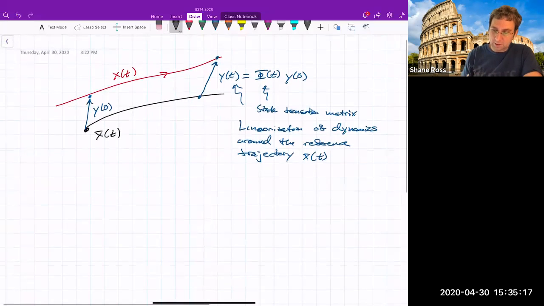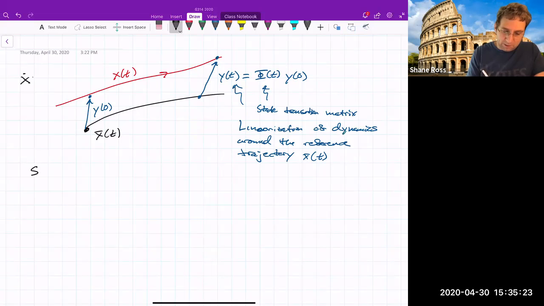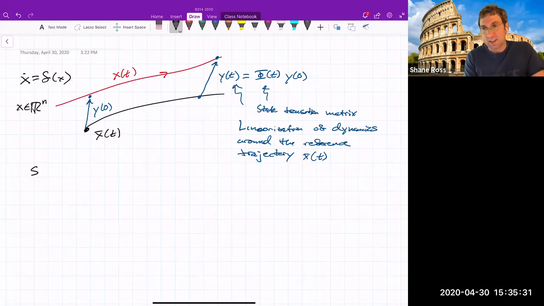So we're now going to specialize to the case of a periodic trajectory. And maybe I'll write up here what our ODEs are. x dot is f of x, and we're looking at x in R^n. So this is an n-dimensional autonomous ODE. We haven't yet specialized to the case of ODEs that come from mechanics.